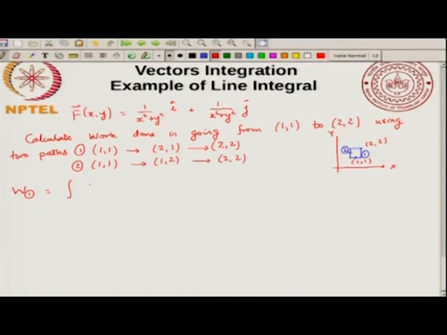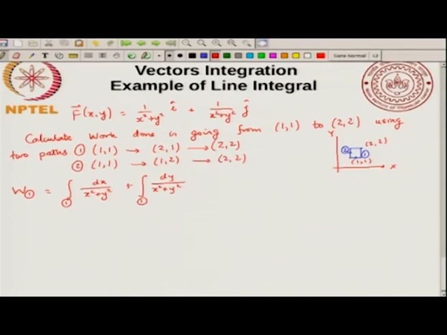So what you will get is, you will get integral dx over x square plus y square plus integral dy over x square plus y square. Both are over path 1. I'll just put a 1 here. Okay. So these are the two things.